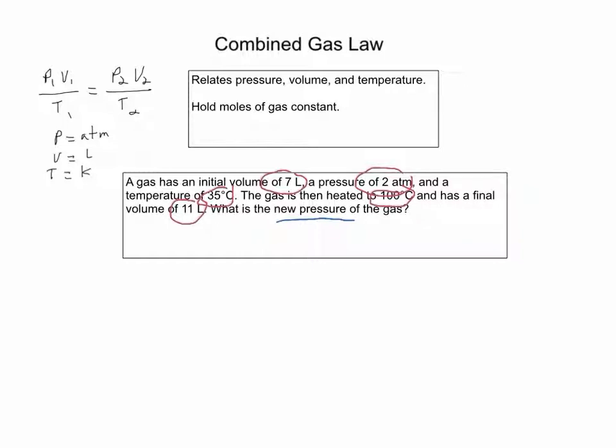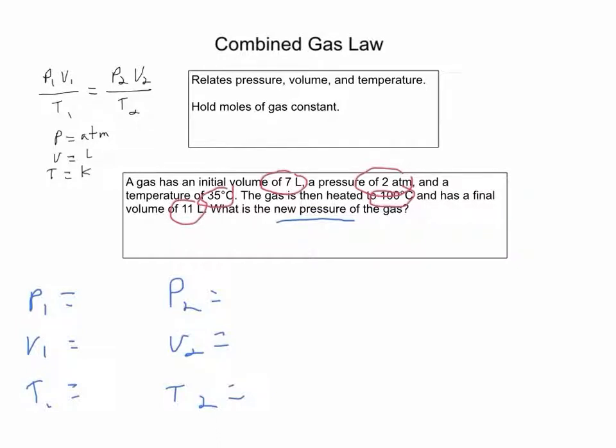So our combined gas law has 6 variables. P1, V1, T1, and then P2, V2, and T2. So let's call the first volume V1.